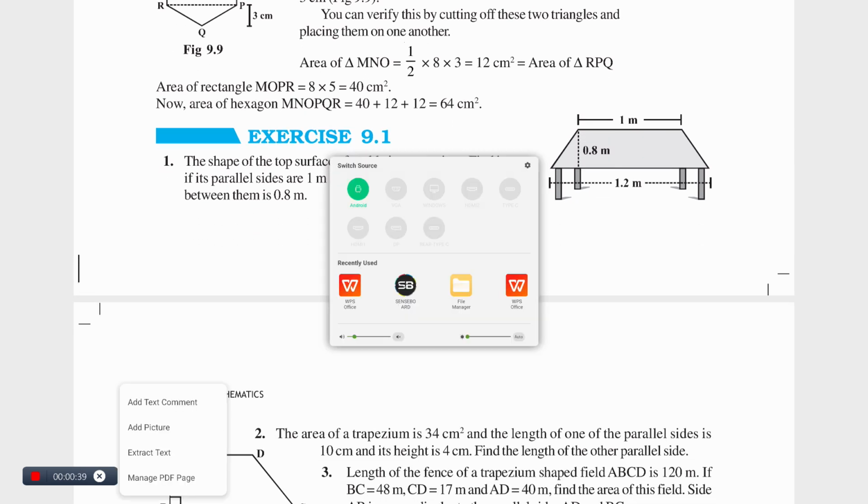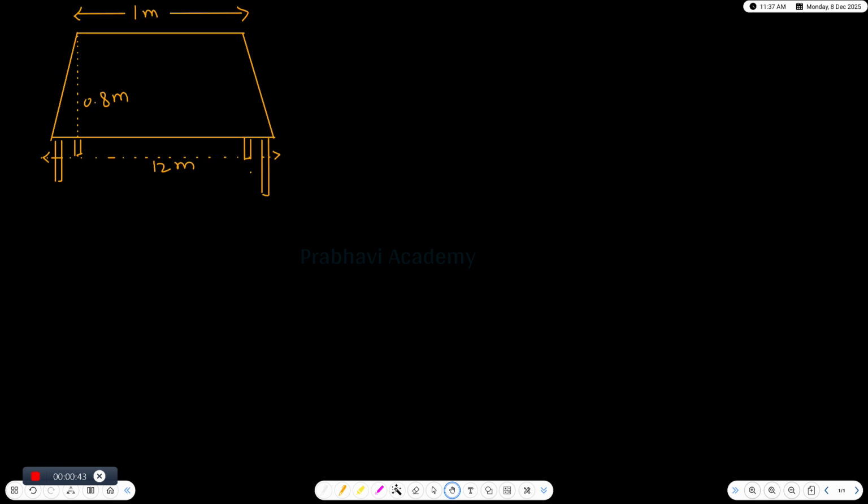given, and you can see here the length of parallel sides is given, that is 1.2 meter and 1 meter, and its perpendicular height, that is 0.8, is given.